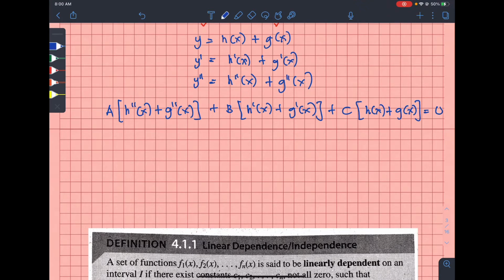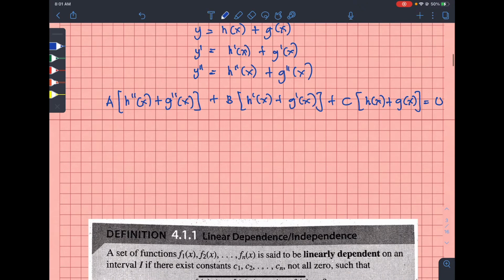So let's try to regroup, distributing all the coefficients a, b, and c. So this will form a, h double prime of x plus b, h prime of x, then plus c, h of x.